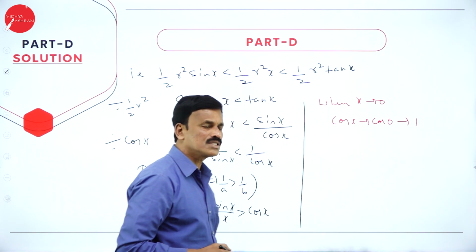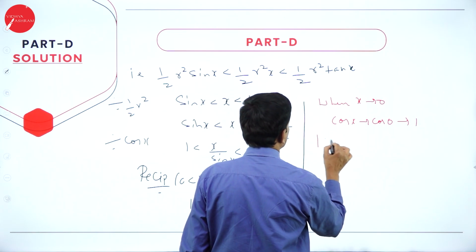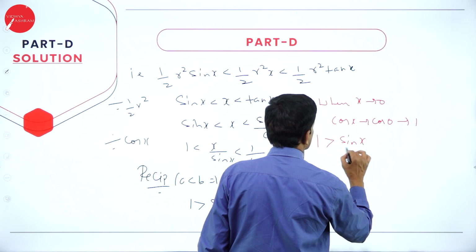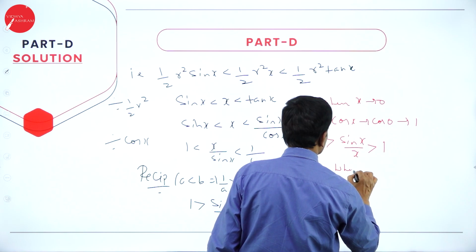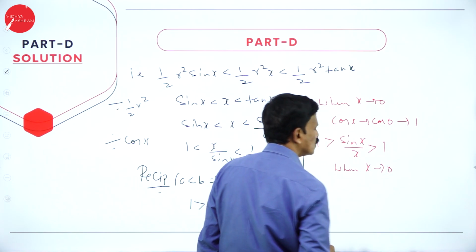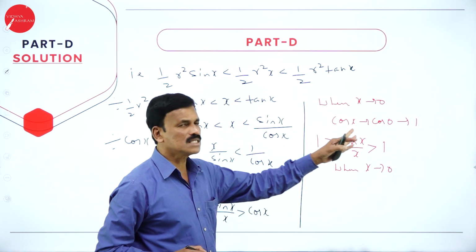Sin 0 is 0, cos 0 is 1. So 1 is greater than sin x by x, which is greater than 1, when x tends to 0. So sin x by x lies between 1 and 1.